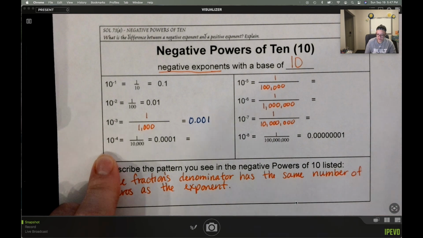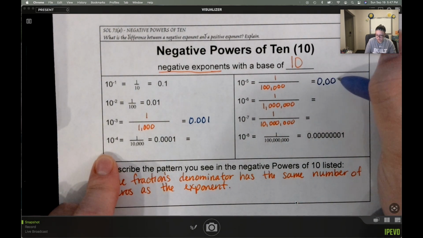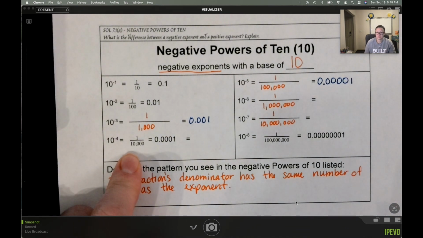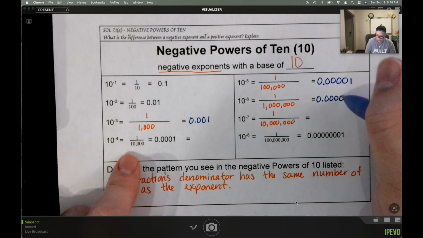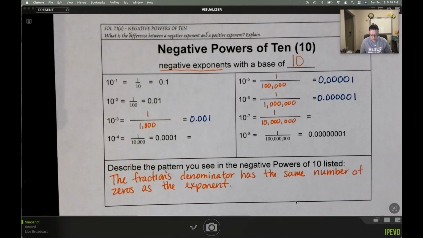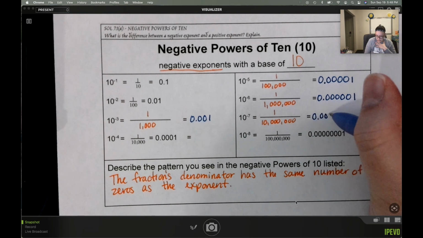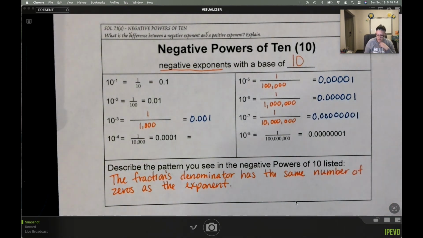10 to the negative 5, 1, 2, 3, 4, 5 zeros, and then a 1. 10 to the negative 6, 1, 2, 3, 4, 5, 6, and then a 1. 10 to the negative 7, 1, 2, 3, 4, 5, 6, 7, then my 1.